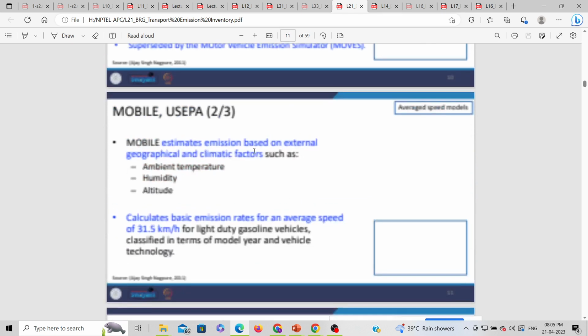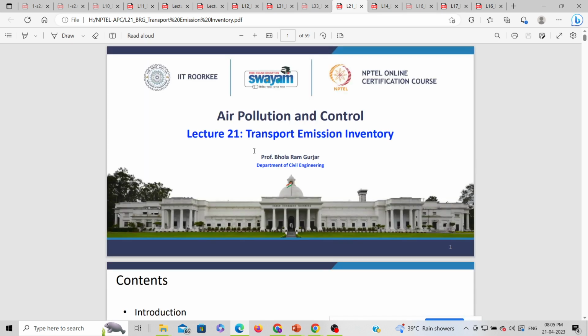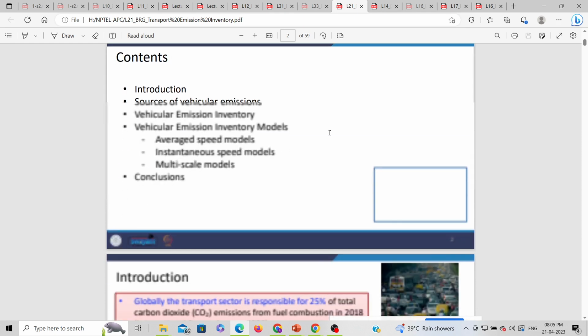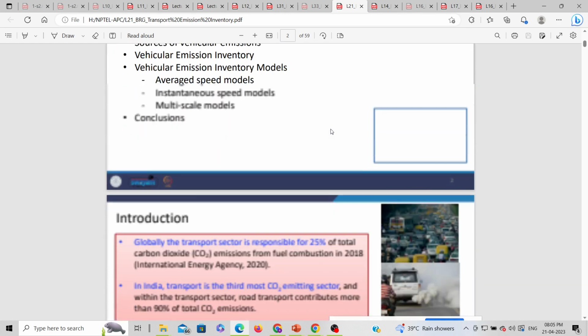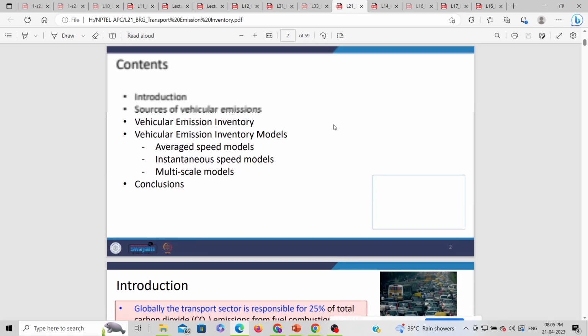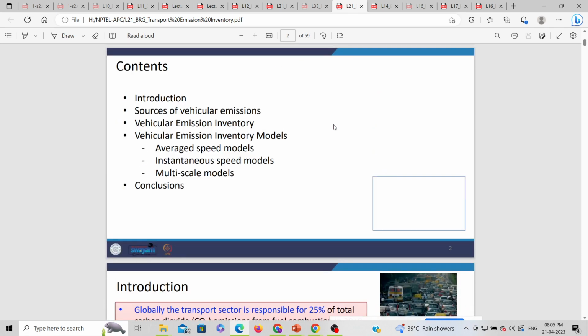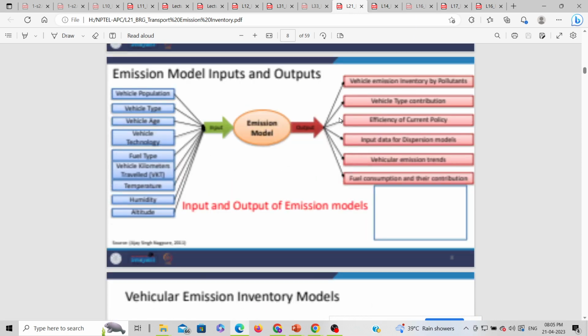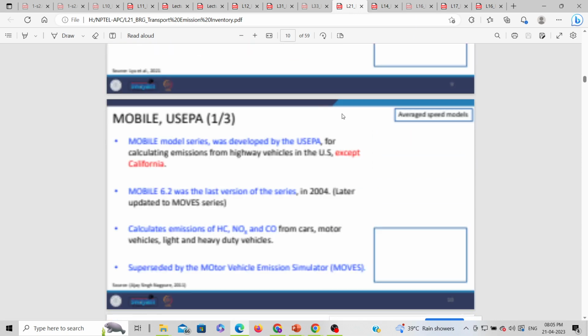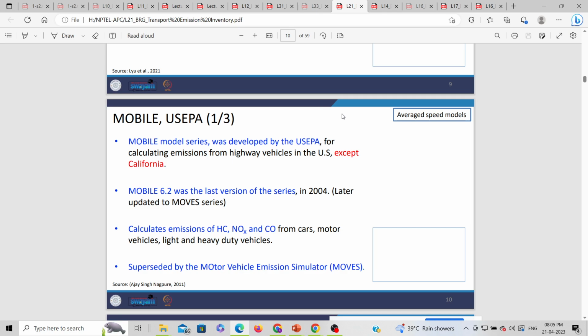One more thing, regarding these inventories, like the transport emission inventory, there are other emission inventories also. Try to memorize the names of these models, because you can get questions from this.